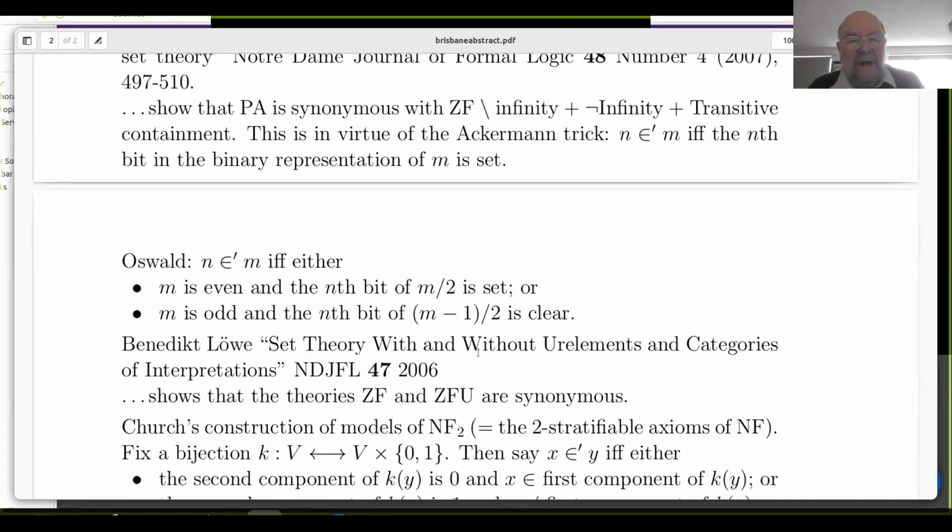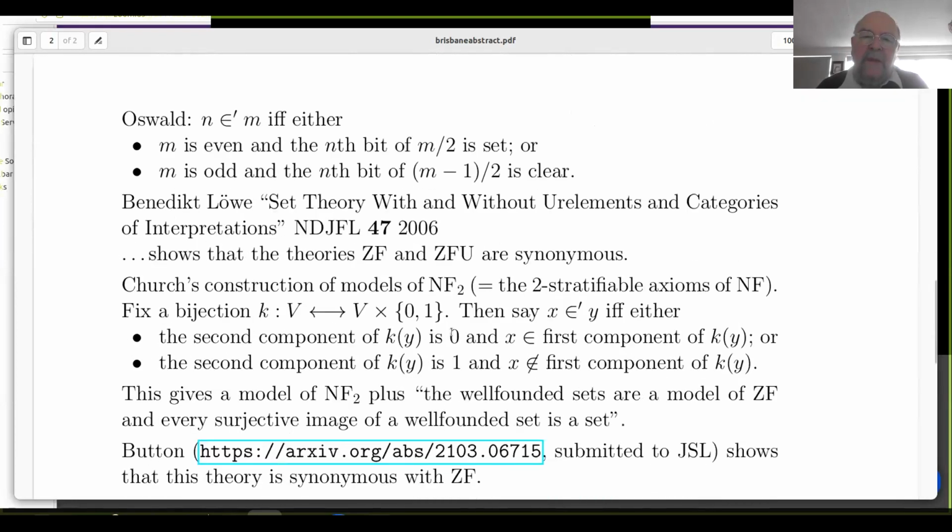In this connection, I want to bring up the work of Church, which I haven't itemized here. In 1974, quite late in his life, Church published a paper about set theory with a universal set. Church got interested in NF. He didn't do much with it, but a little bit.